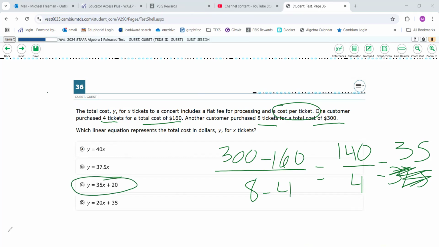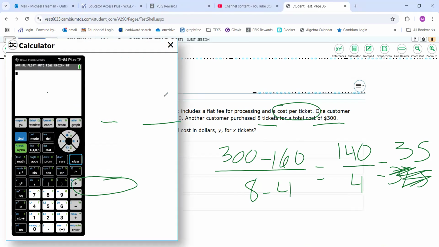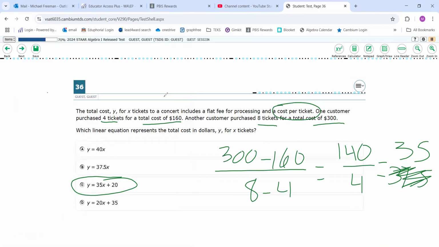All right, if I plug in our values for x, if we have 35 times 4 plus 20, oh yeah, that did equal 160. Let's see what it costs for 8 tickets. Well, 35 times 8 plus 20 equals 300, and it's supposed to be 300 for 8 tickets. So this equation makes both things true.